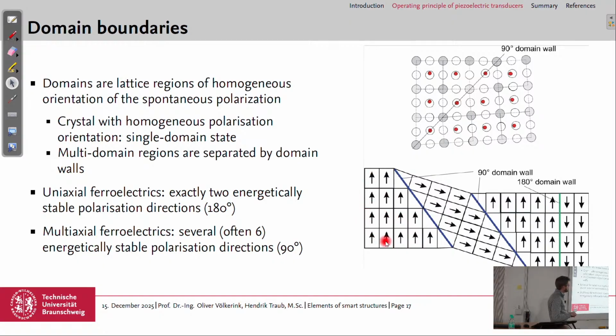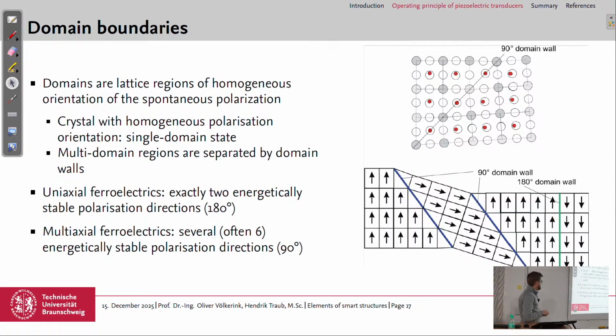So here it's in this direction, here it is down, up, here down again, and between these domains we have again these domain walls, which could be 90-degree domain walls. So it's nearly 90 degrees between these polarization directions. And here we have 180-degree domain walls, so polarization in this direction, and on the other side of the domain wall, polarization in the other direction.